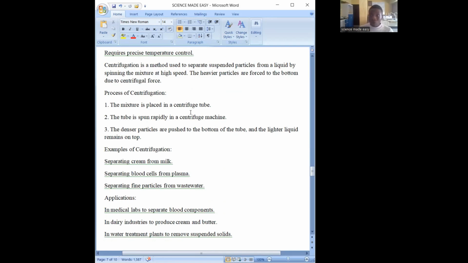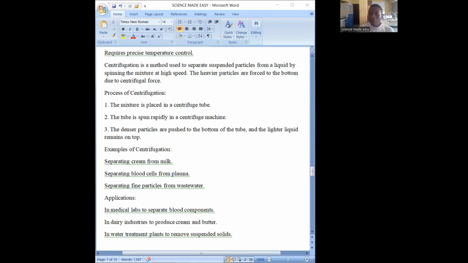Plasma is also inside your blood, but you want to separate the blood cells from the plasma. We have what we call a centrifuge machine in the hospital, and when you go to some laboratories, you can see it. It contains parts inside where you can place your test tubes.